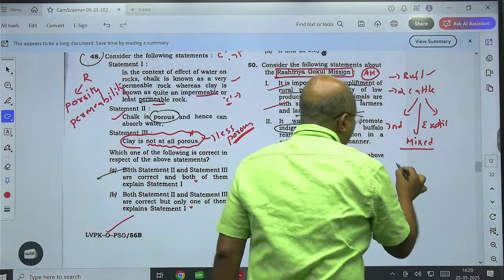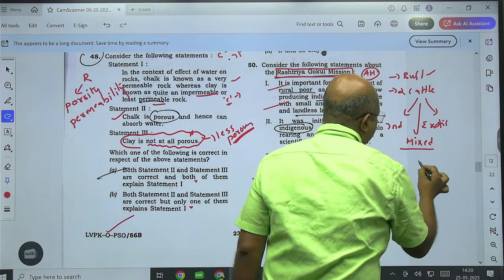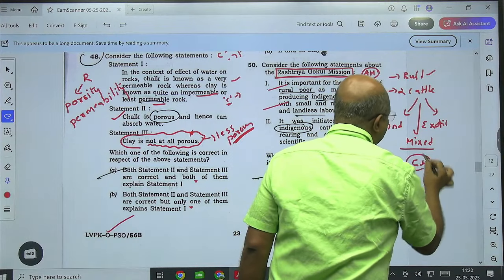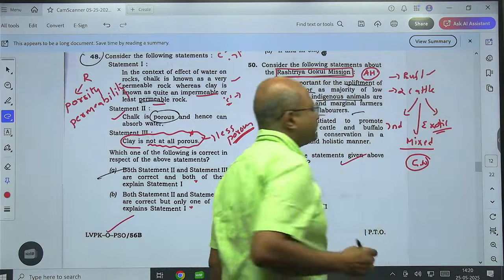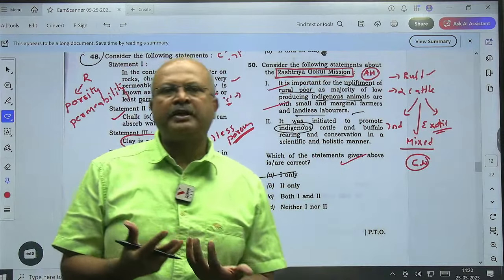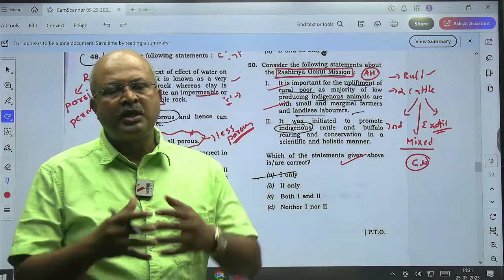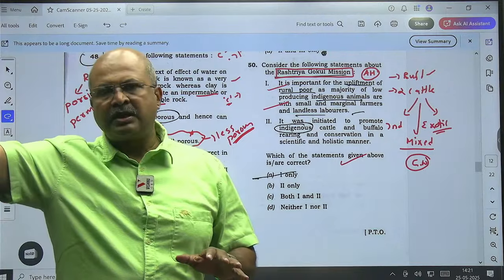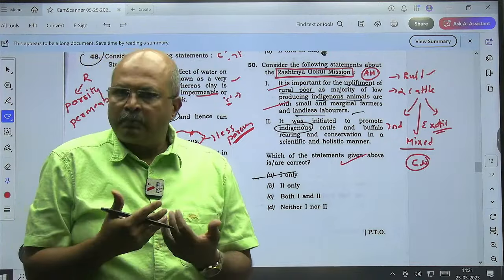Now, in the context of global warming and climate change, the exotic species are the ones most affected by the impact of climate change, because their gene pool is confined to other countries, and they are more vulnerable to disease.